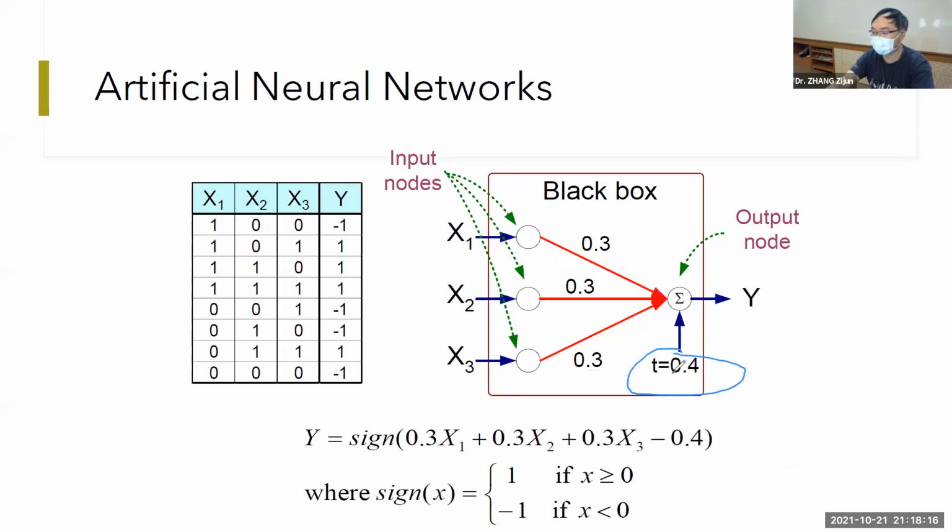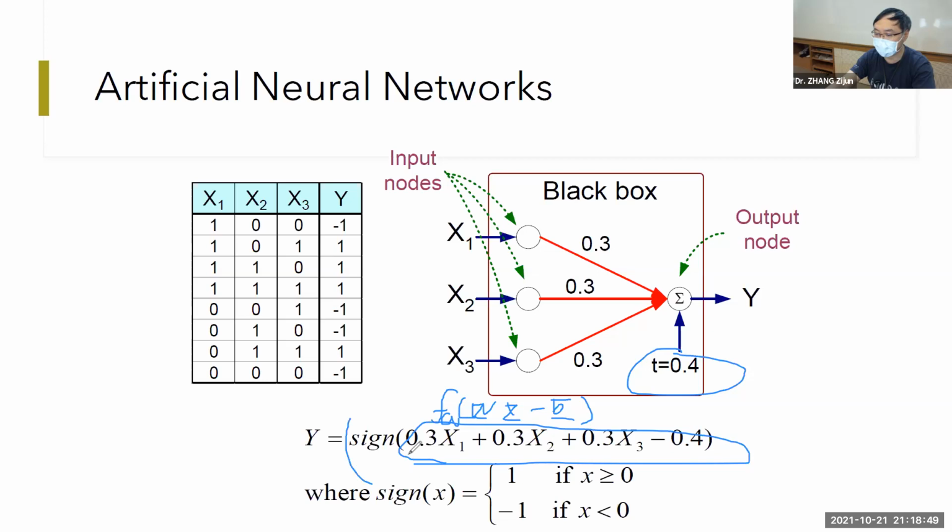There's a bias term here, t equal to 0.4. So this one is a kind of wx minus b. See, this is a linear regression part. And the difference is you have an activation function, okay, to do a transformation of this linear regression output.